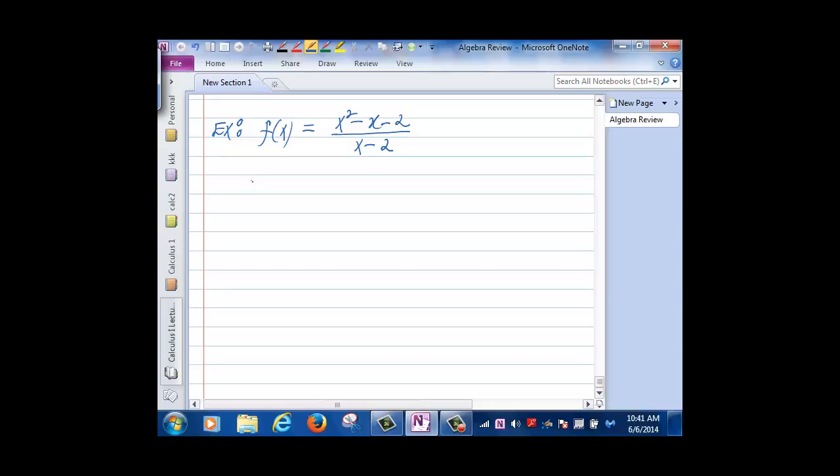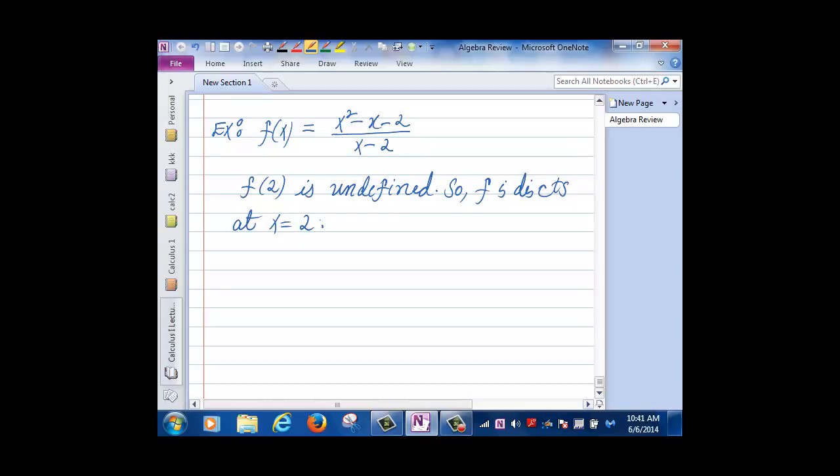So f of 2 is undefined, and f is discontinuous at 2.